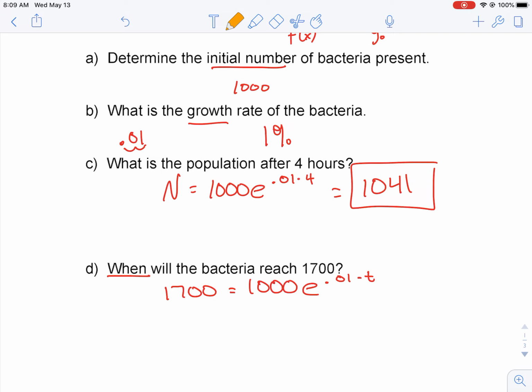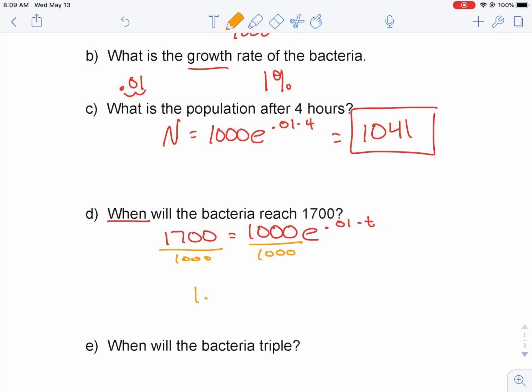So just like we did last lesson, you're solving for something that's up in the exponent. So the first thing I need to do is get rid of the 1000. That divides nicely. That gives us 1.7 equals e to the 0.01 t.